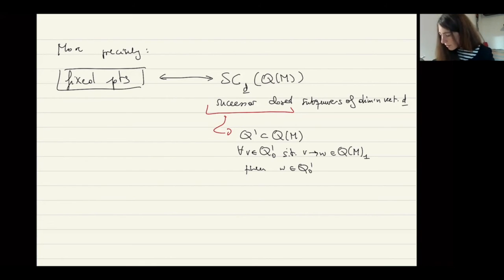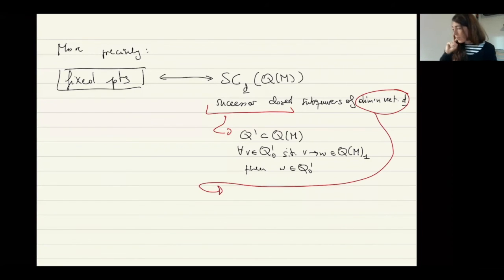And then dimension vector D just means that, remember, from the coefficient quiver, the vertices of the coefficient quiver were really basis vectors for the underlying vector space, M0. So in particular, you can look at the span, the subspace generated by the vertices contained in Q prime, and you want that they have the prescribed dimension once again.